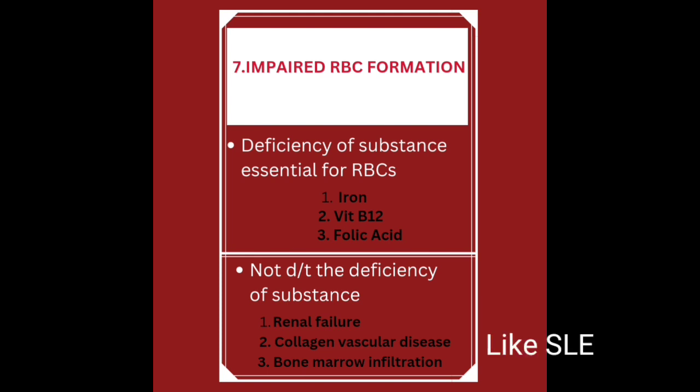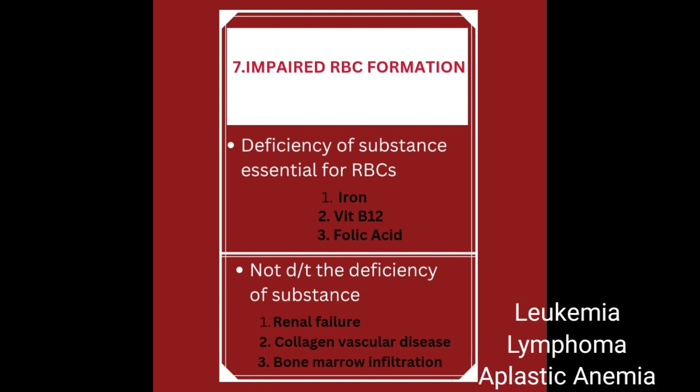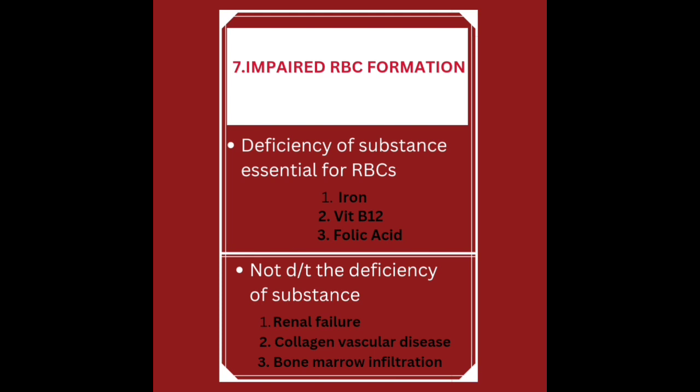For collagen vascular disease, ask about fever, joint pain, alopecia. Bone marrow infiltration includes leukemia, lymphoma and aplastic anemia. For leukemia and lymphoma, ask about fever, lymphadenopathy, hepatosplenomegaly or bone pains. For aplastic anemia, ask about any history of radiation or drug intake.